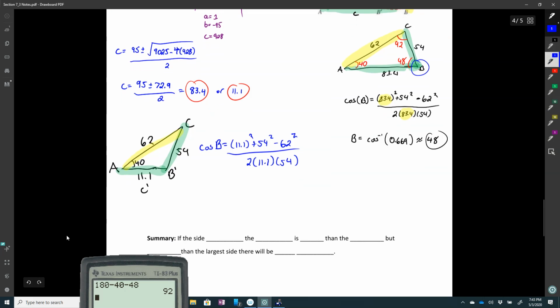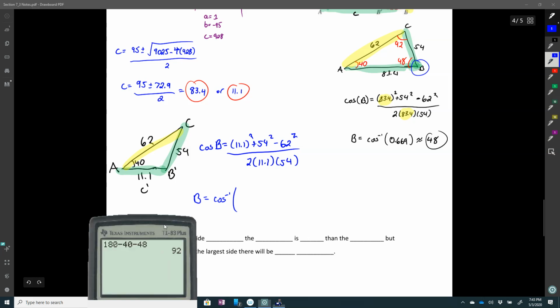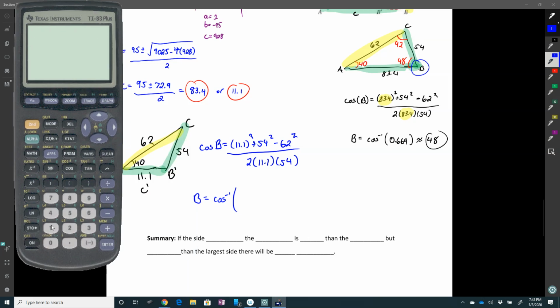So cosine of B, B equals inverse cosine of all that junk. It's not junk, it's fun.